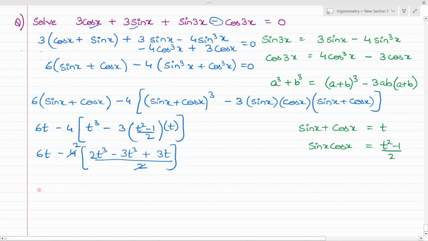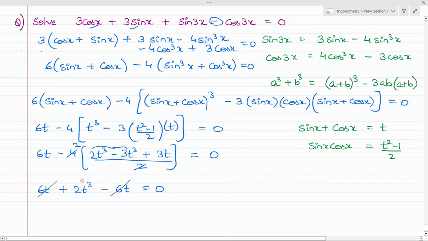Now this can be written as 6t minus this value will be minus t cube, right? So minus into minus plus 2 times of t cube, minus into plus minus 3t will be 0. Sorry, it becomes minus 6t over here because 3 times of 2.